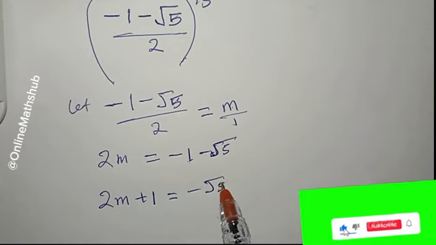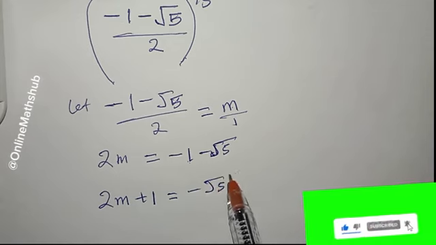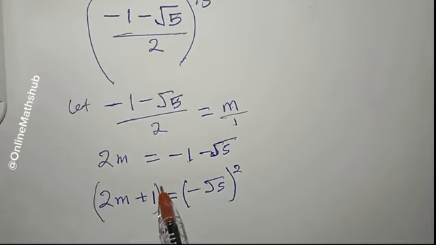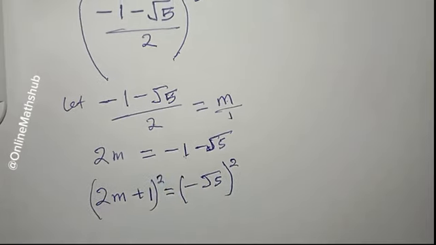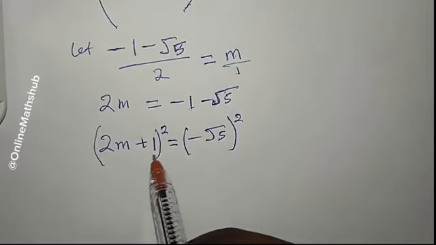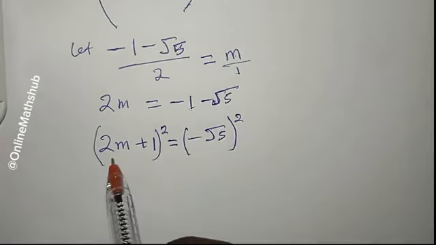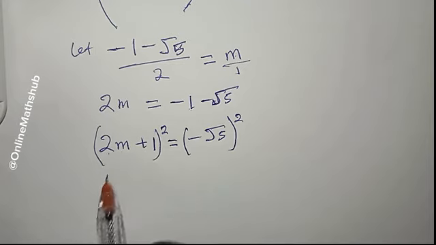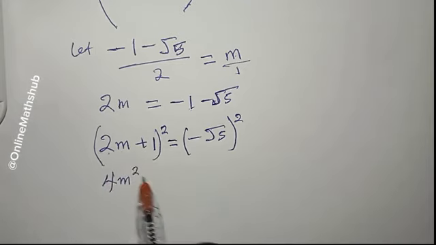Next, to remove this square root, I'm just going to take the square of both sides. Whenever you have this kind of square, to simplify it you just multiply it by itself. So 2m times 2m gives 4m squared.